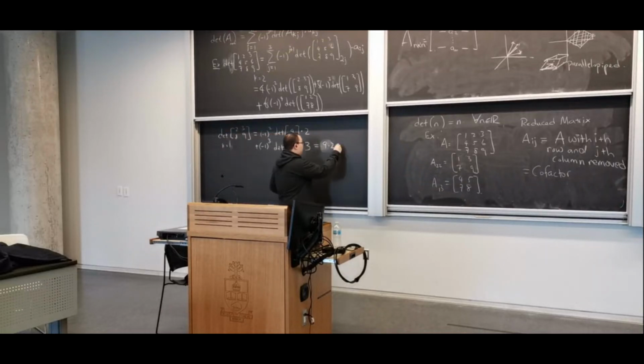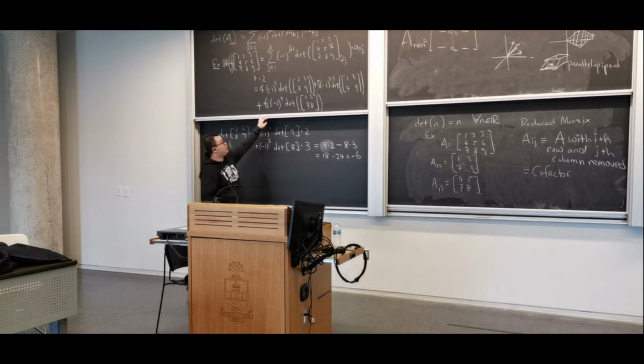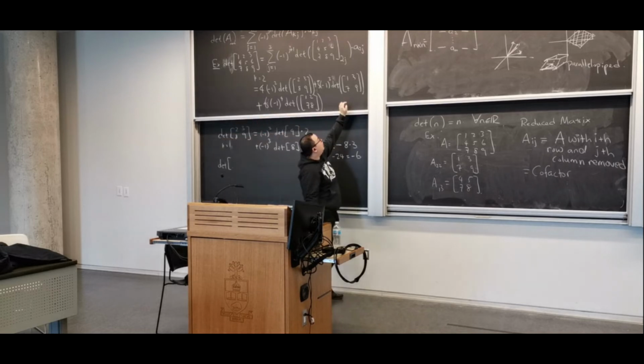So there's a minus here. The determinant of 8 is just 8, times 3, which equals 18 minus 24, which equals minus 6. Similarly, the determinant of our second matrix that we'll have to calculate right here, 1, 3, 7, 9.